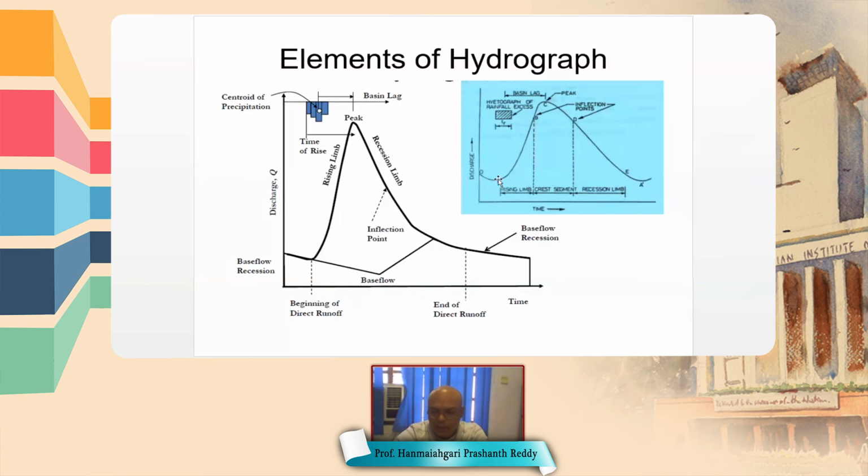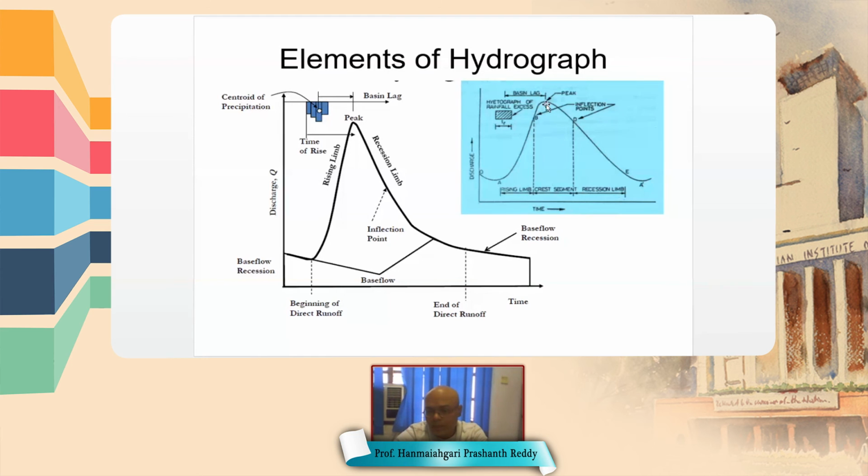That is the starting point of the rising limb. Generally, it coincides with the starting of the rainfall event. Then there is B, another inflection point where the curvature of this curve changes.